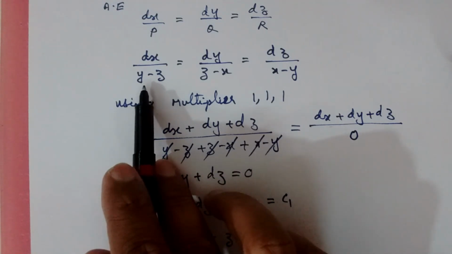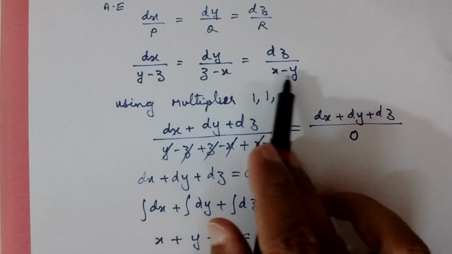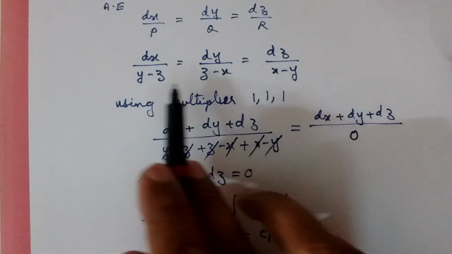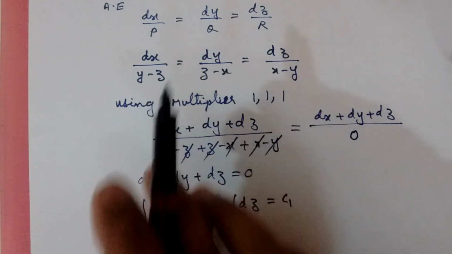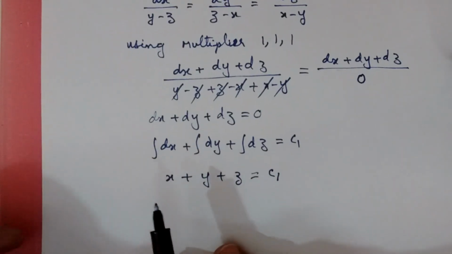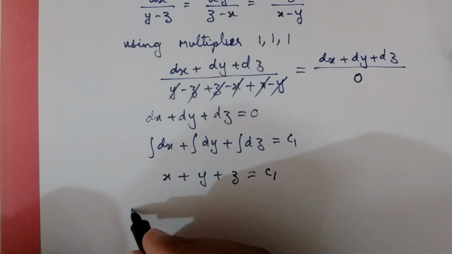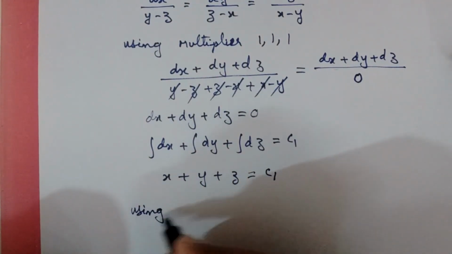Because these terms y, z, zx, xy are symmetric in nature, you can use the multipliers x, y and z. So let us take the multipliers as x, y and z.